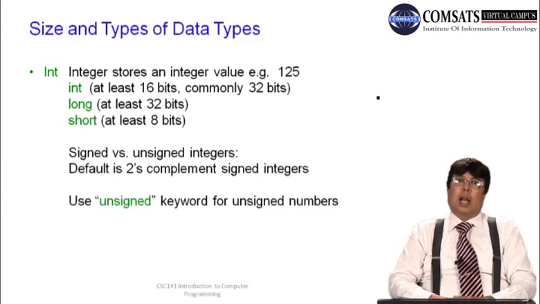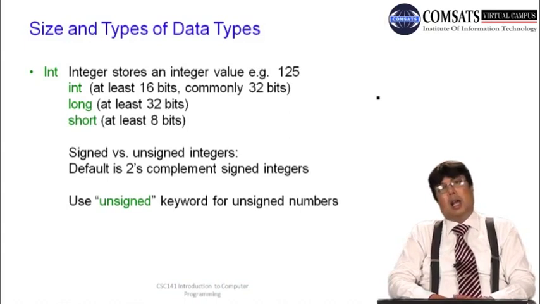You can define signed and unsigned integers also by using the keyword unsigned. By default, integers are considered as signed integers. But if you categorically want to use unsigned integers, then you can use the keyword called unsigned. So you can define unsigned int that will tell the compiler that the next identifier which is going to be defined should have a data type integer which is unsigned.